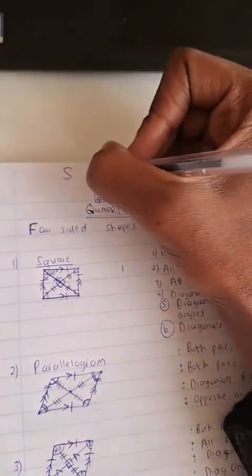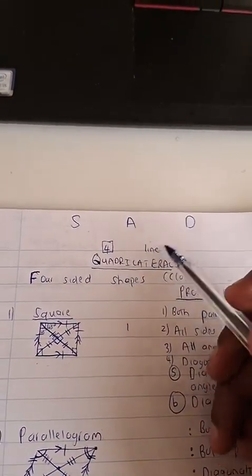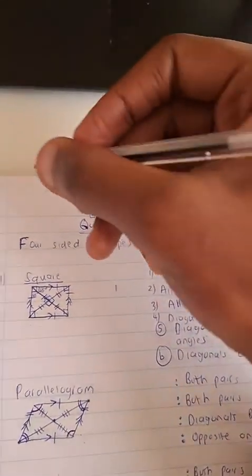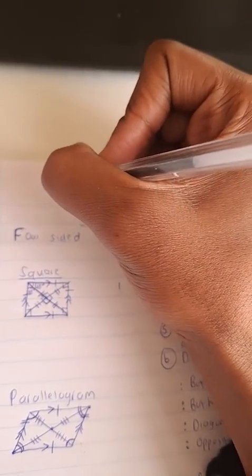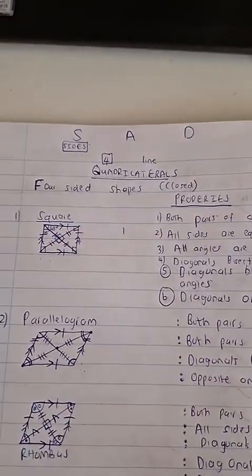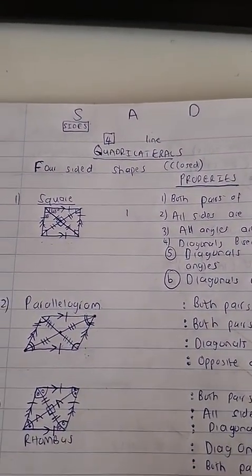So I usually say to learners that when you think about properties of all these quadrilaterals, you need to look at the word SAD. What does that mean? You need to speak about the property in terms of its sides. What can you tell me about this particular shape's sides, right? That's what the S stands for.